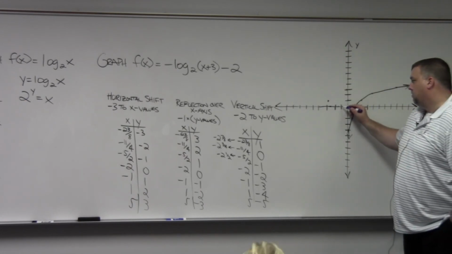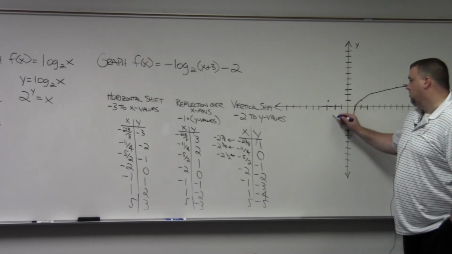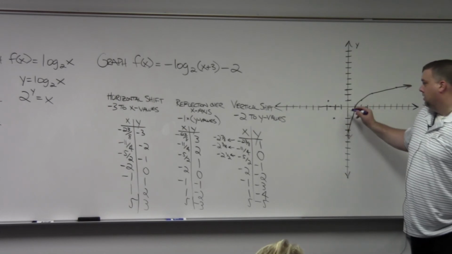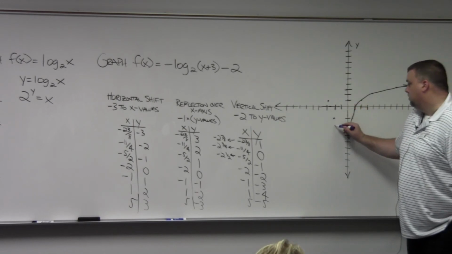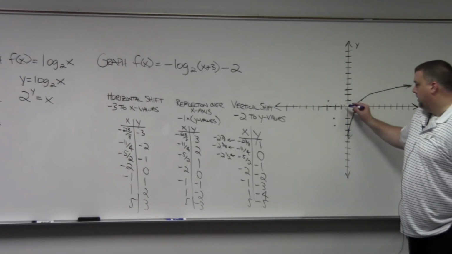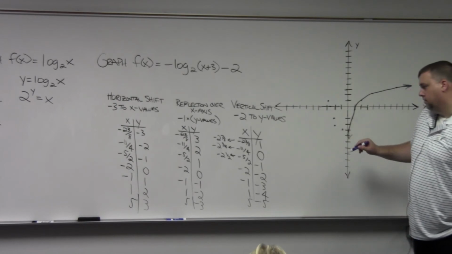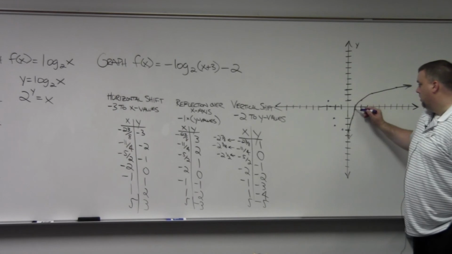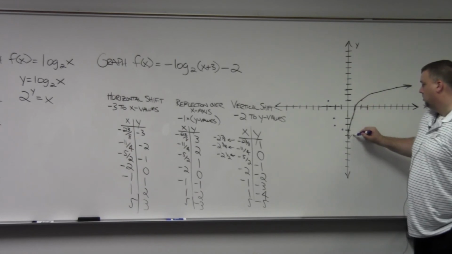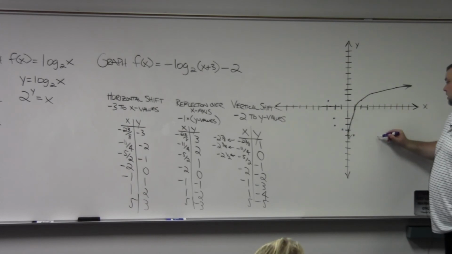Negative 2.5, and negative 1. Negative 2 and negative 2. Negative 1 and negative 3. 1 and negative 4. And 5 and negative 5.